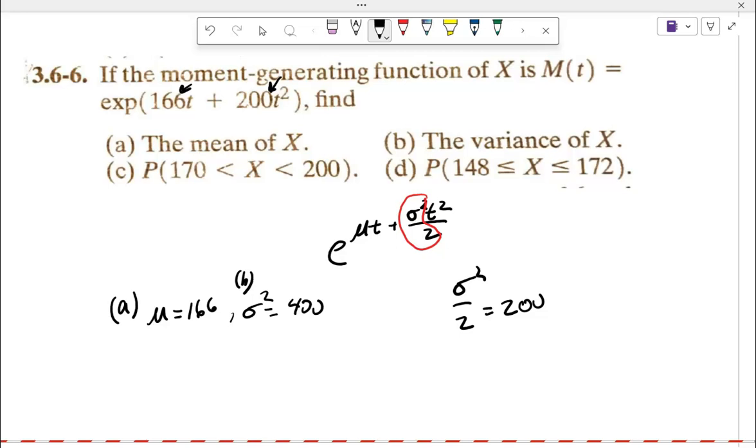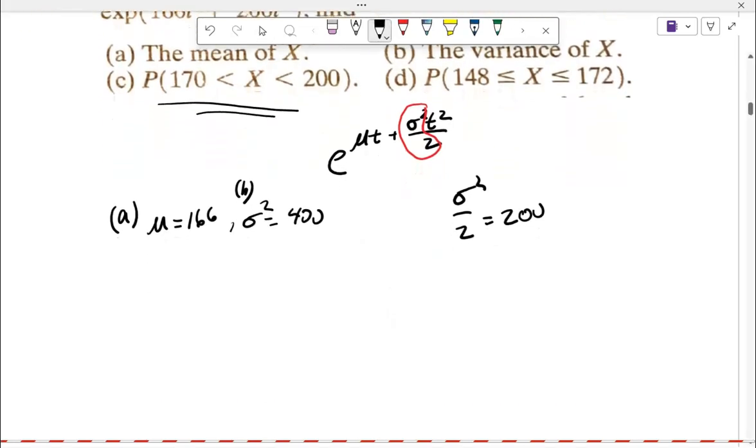Okay. So I need to transform this to a standard one. And we talked about how to do that with the z-scores, right? So in part C, when I start with 170 is less than x is less than 200, the first thing we would do is transform it to a z.